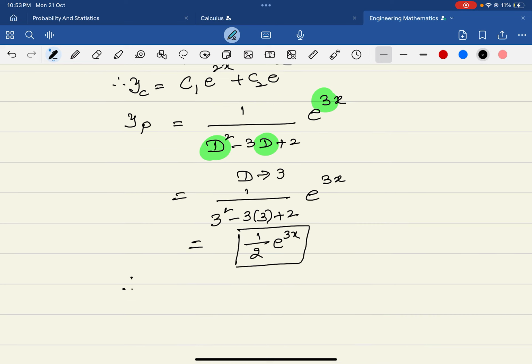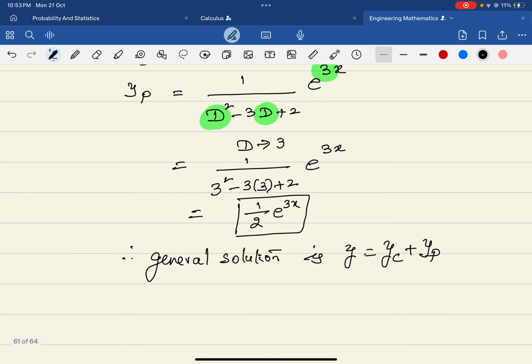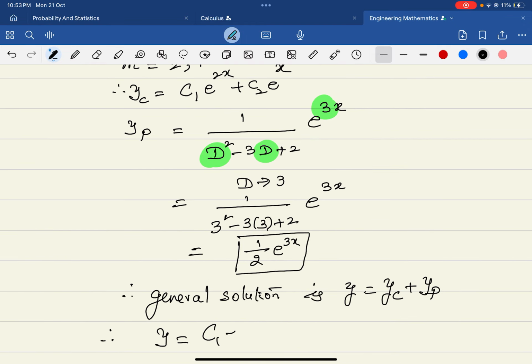So now what is the general solution, therefore? The general solution is y is equal to yc plus yp. So what is the general solution now? y is equal to c1 e power 2x plus c2 e power x, and now yp, half of e raised to 3x.